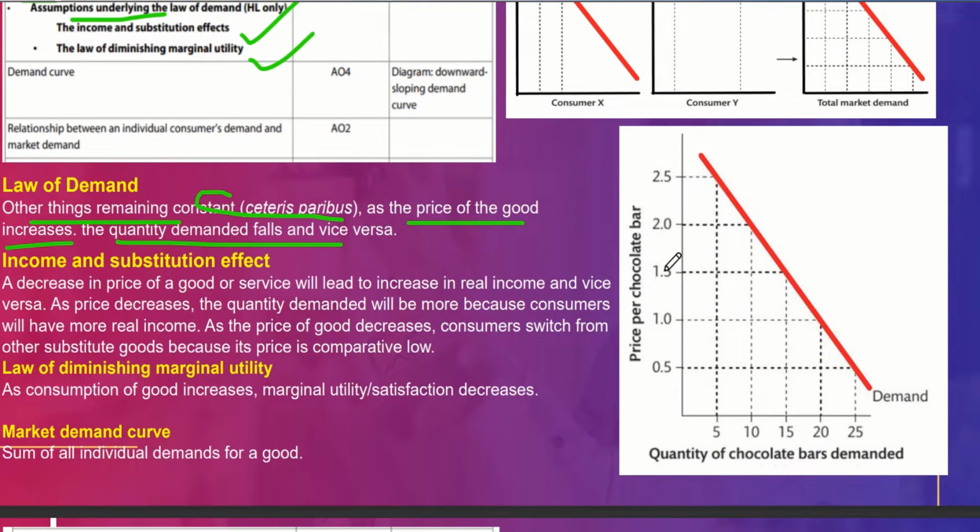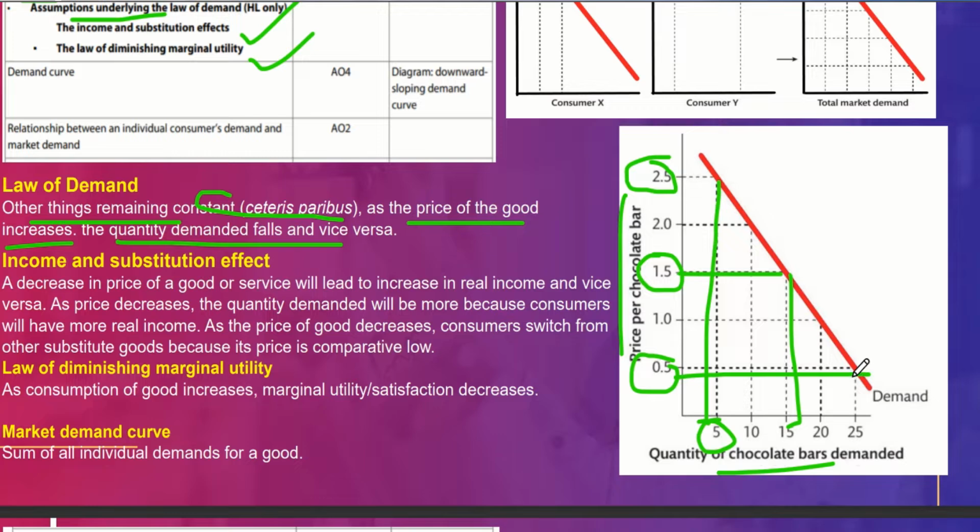Look at the price of a chocolate bar and the quantity of chocolate bars demanded. When the price of a chocolate bar is 2.5, the quantity demanded is 5. When it comes down to 1.5, the quantity demanded increases to 15. And when the price is $0.5, it increases to 25. So it is downward sloping.